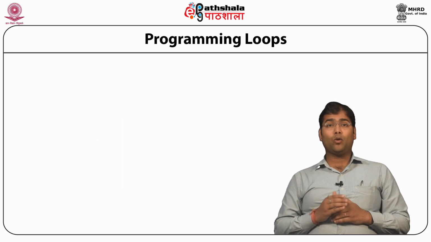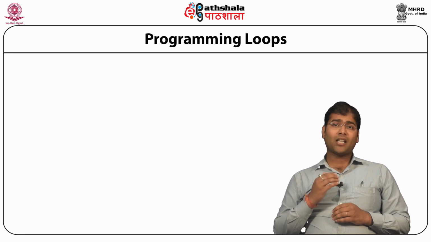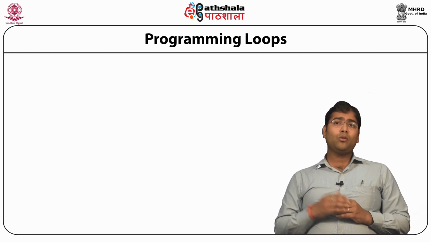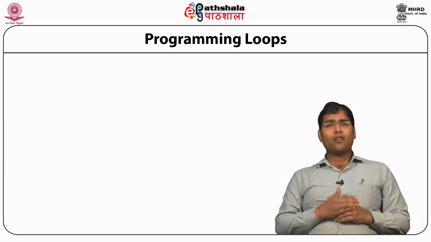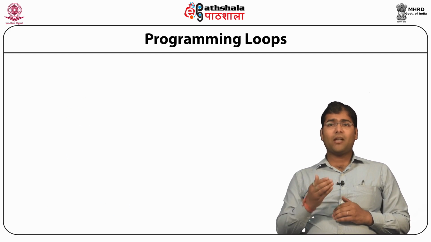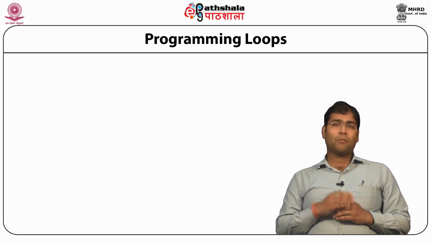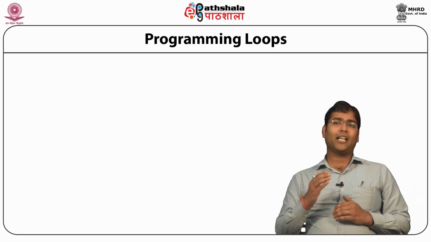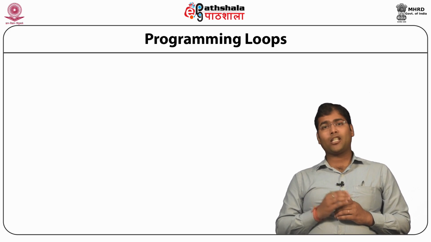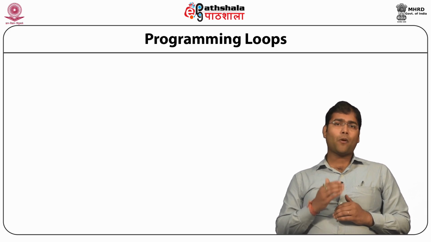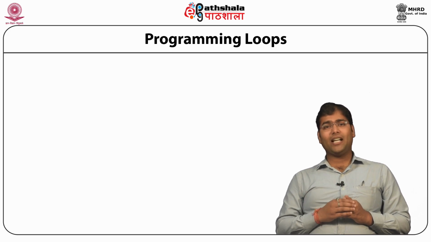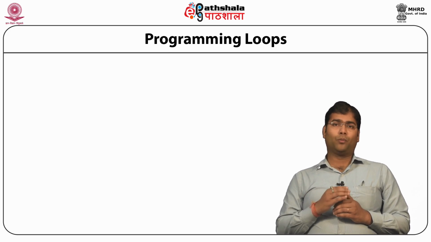Programming loops. In programming, sometimes we need to execute a block of code several times sequentially. Like other programming languages, Perl also provides several loop statements which allow us to execute a statement or group of statements multiple times while the specified condition in the program is true.